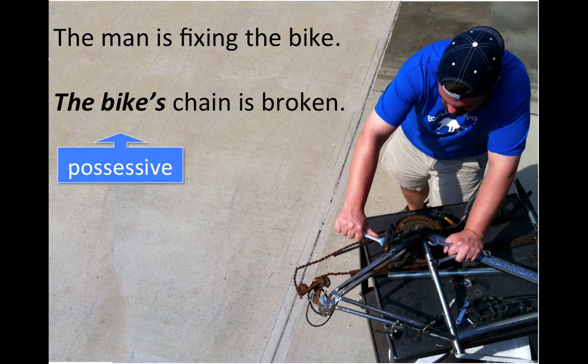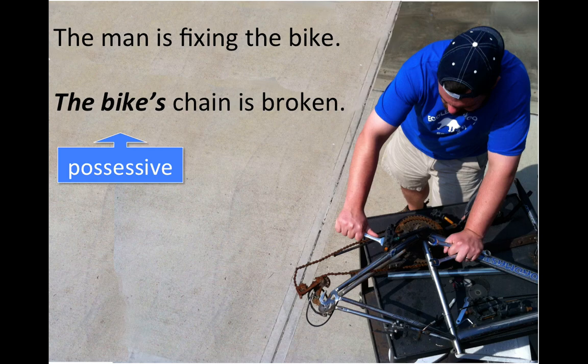Notice too that objects can also be possessive. In this case, the man is fixing the bike. The bike's chain is broken. So which chain? The bike's chain. In this case, even though it's an object, even an object as in a thing, okay, it's in subject position, but even though it's a thing, it can still possess something.